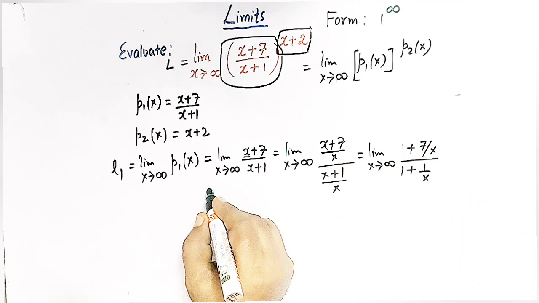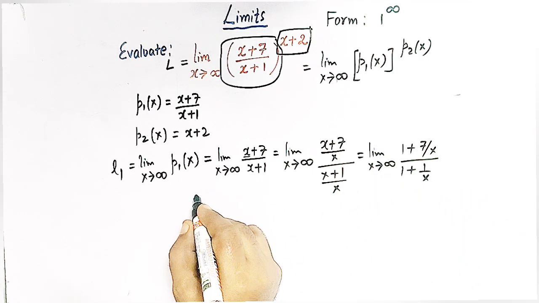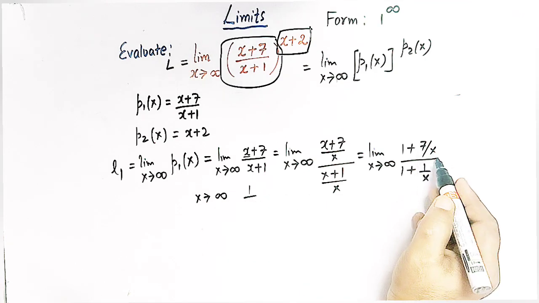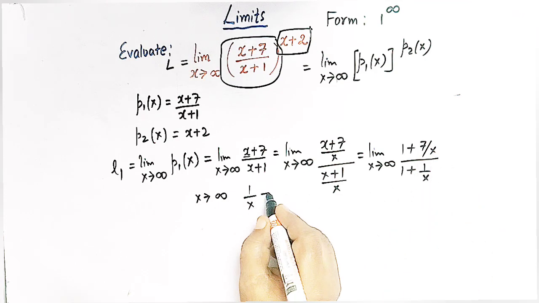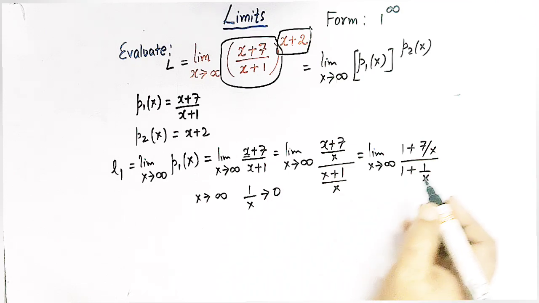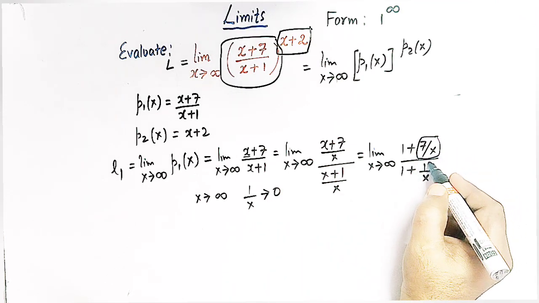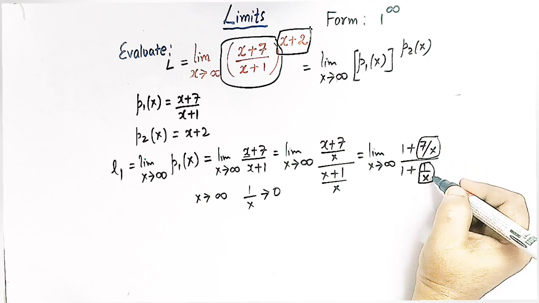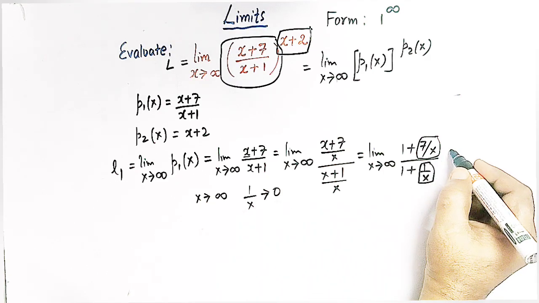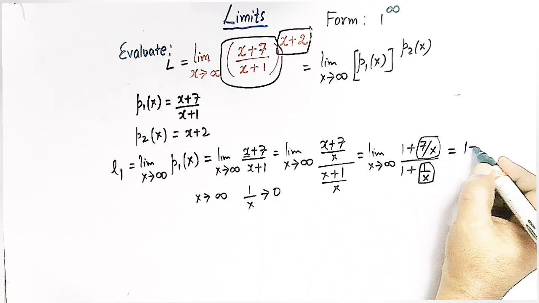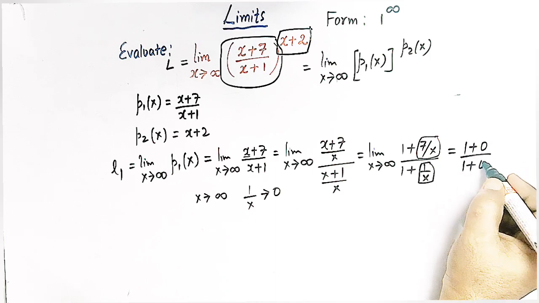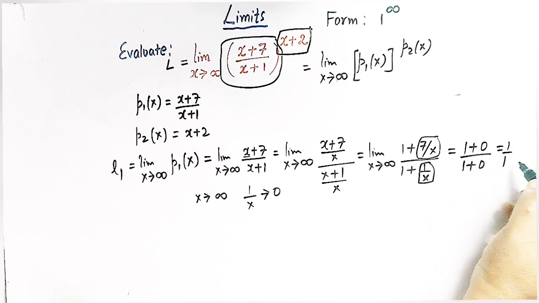Now see, when x approaches infinity, 1 over x tends to 0. So both these terms tend to 0 when x tends to infinity. We have simply 1 plus 0, and here also 1 plus 0, that is 1 over 1, which is equal to 1.